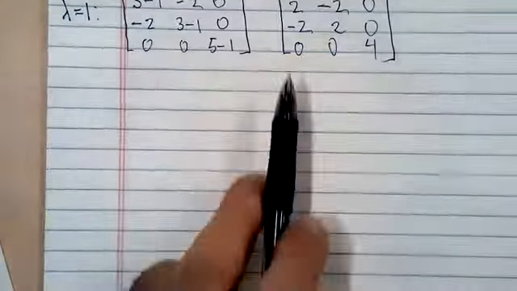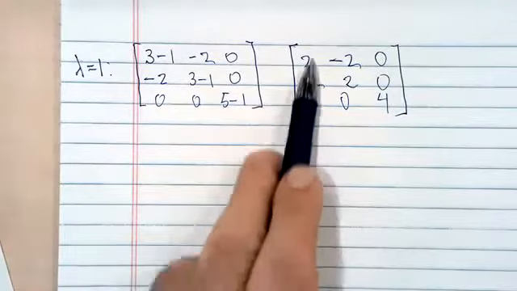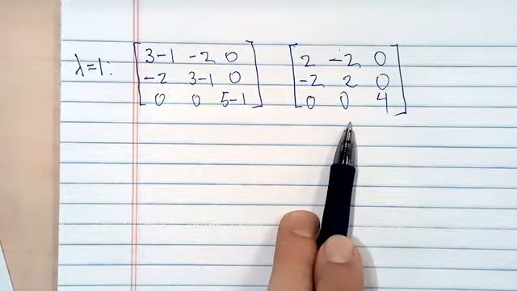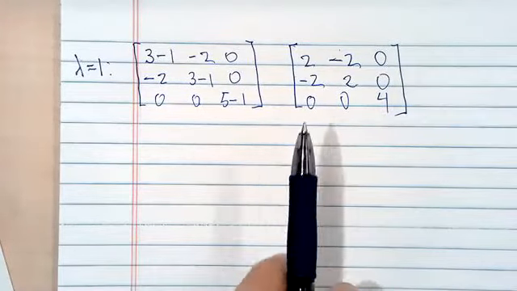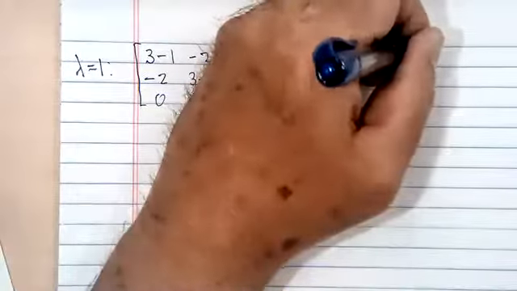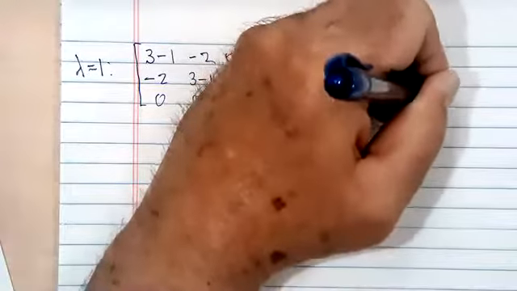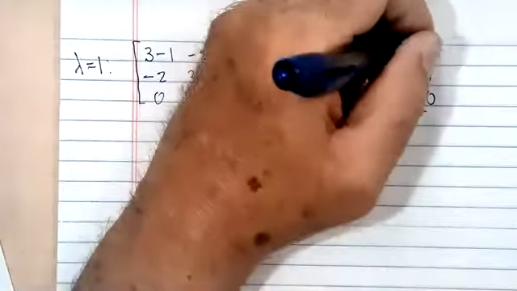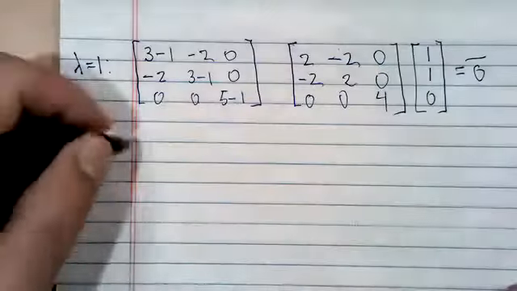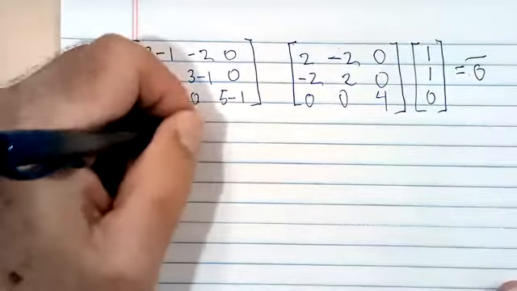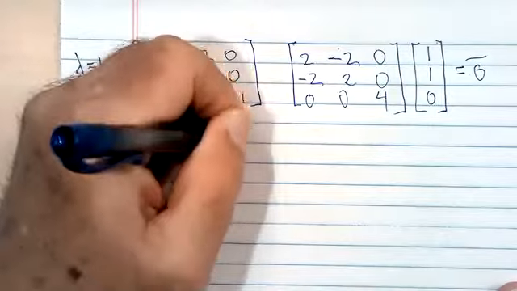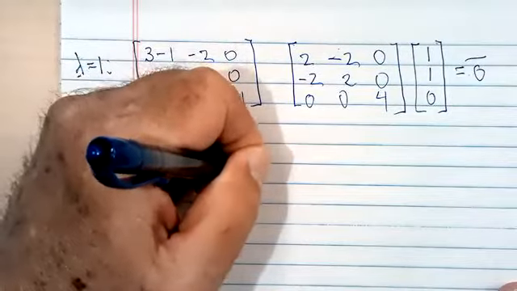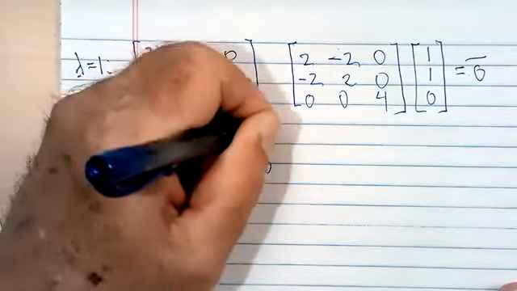Same observation, or very similar. This column is the negative of this column, right? So if you add the first 2 columns, you get the 0 vector. Multiply the third one by 0 because it's inconvenient otherwise. So lambda equals 1 corresponds to this vector here, 1, 1, 0.